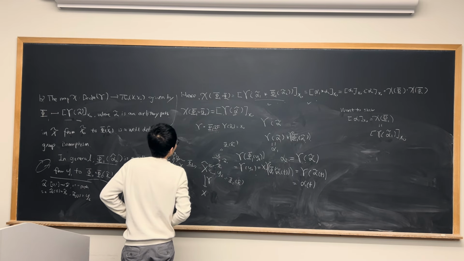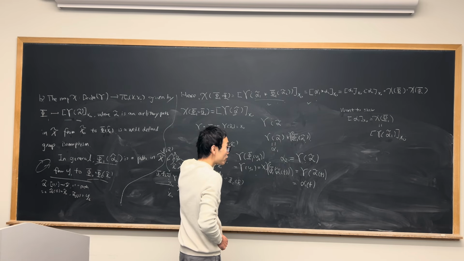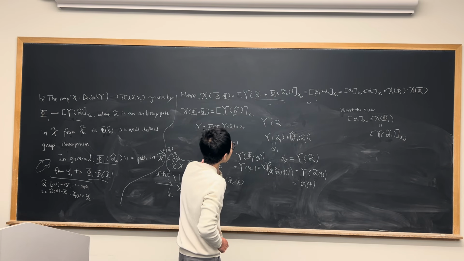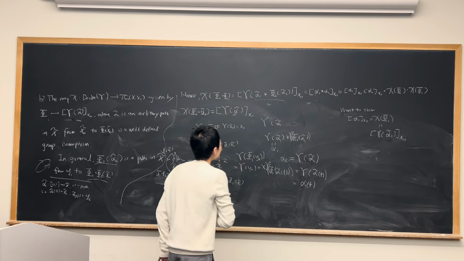Okay. All right. So I think that completes the proof here. Oh yeah. Okay. So that shows that this chi is a homeomorphism, right? Okay. All right.